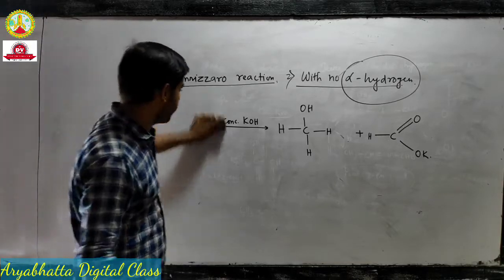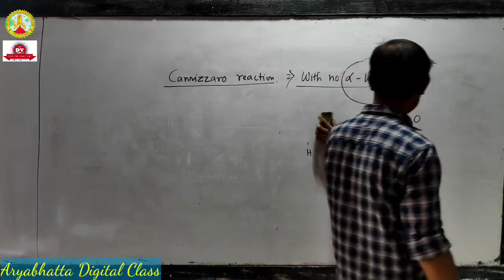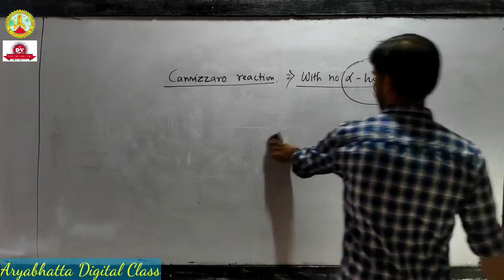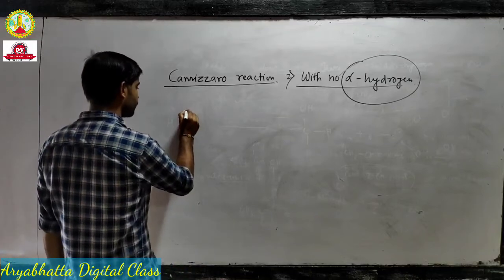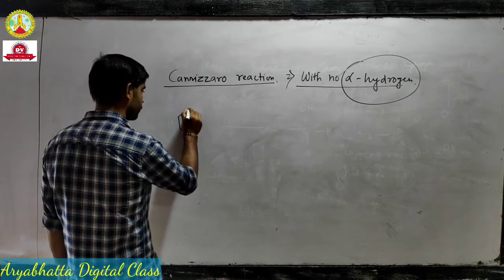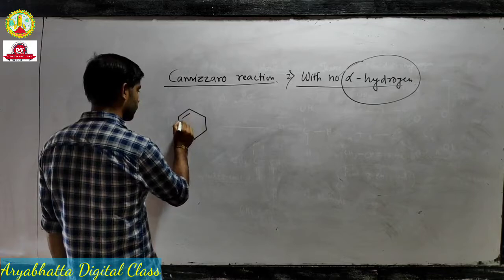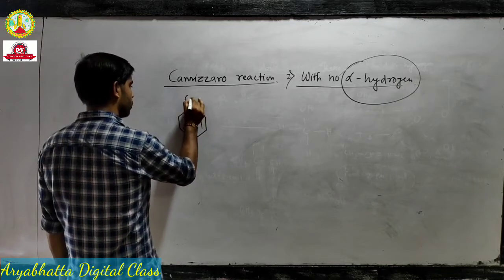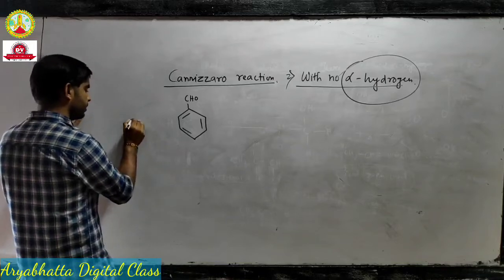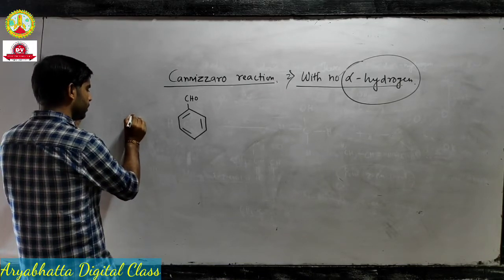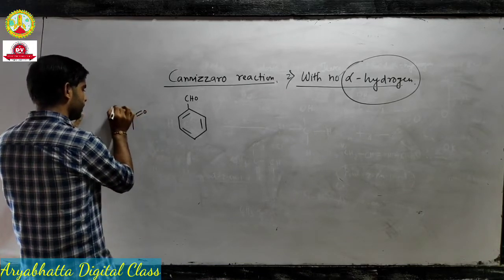Now let's see one more example from the NCERT book. I think it's benzaldehyde. If we have benzaldehyde, it is something like this: a benzene ring, carbon, and something like that.